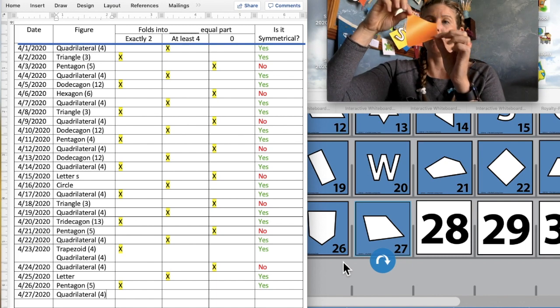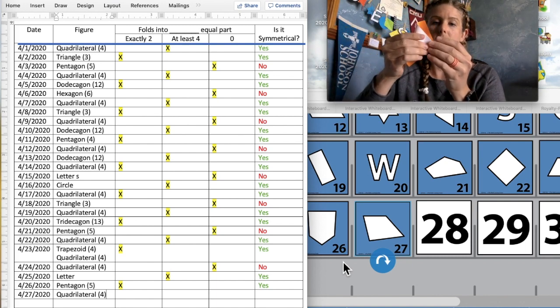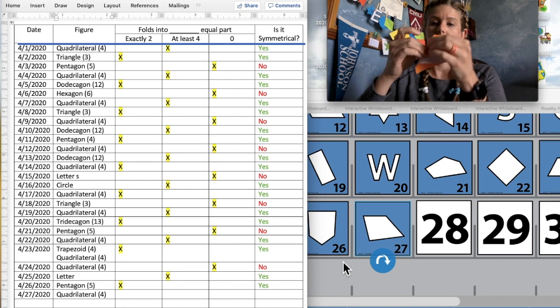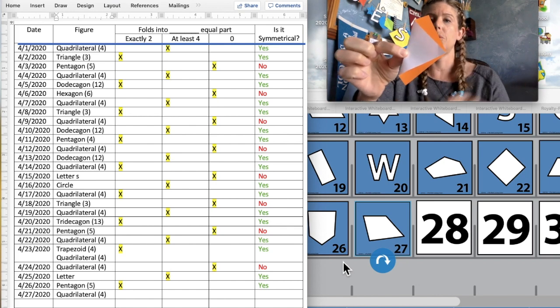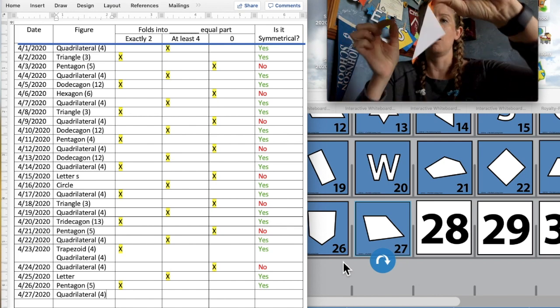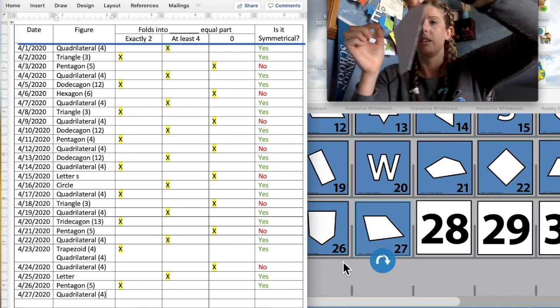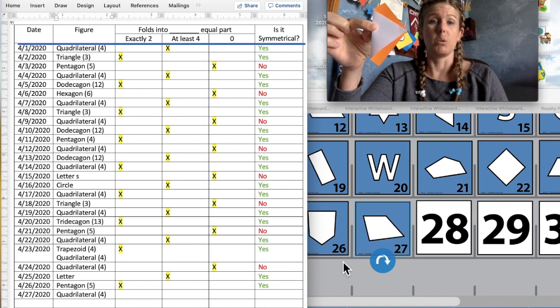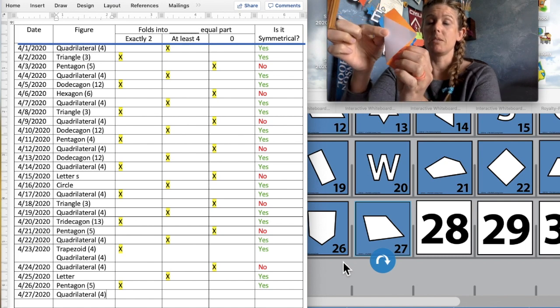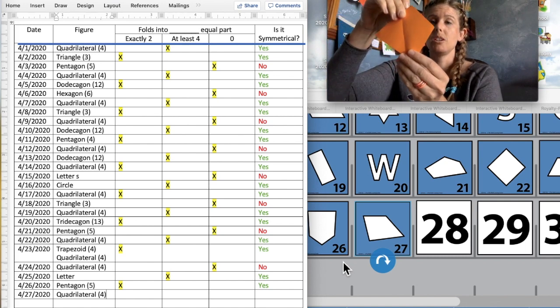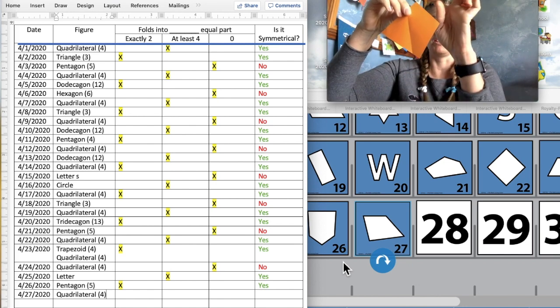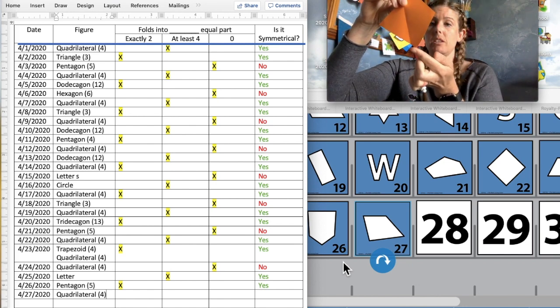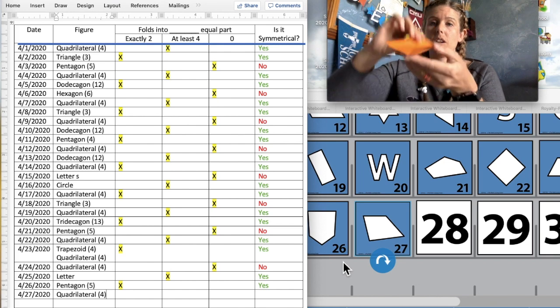So we're going to fold there. And do we have congruent sides? No, first grade. So we do not have equal parts. So now let's try going from this other point, these other vertices.